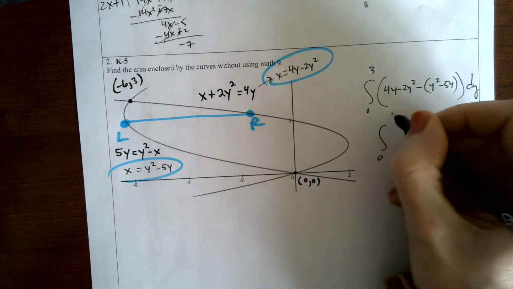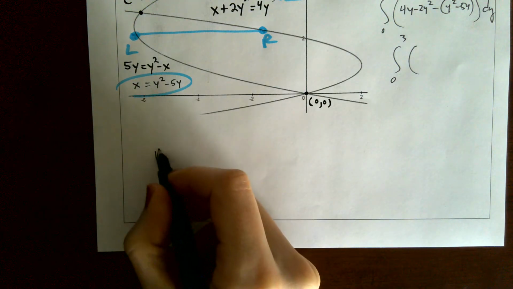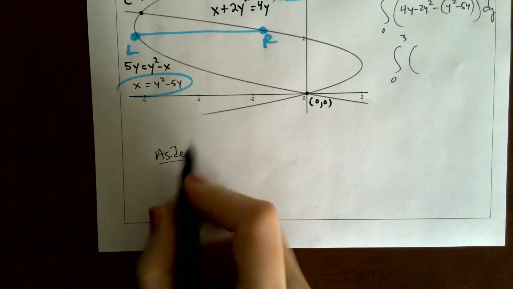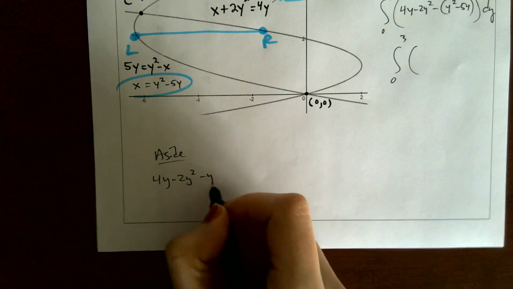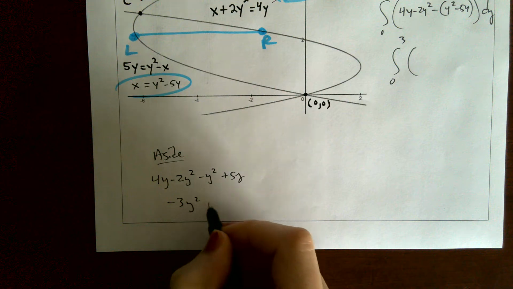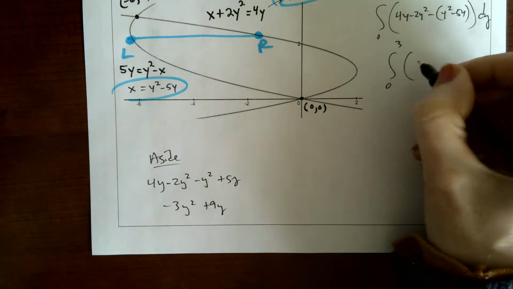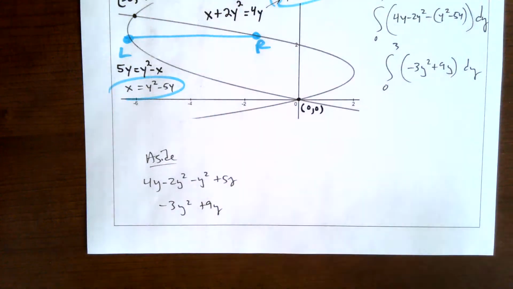Okay, now I'm going to simplify inside. I'll do a little aside. 4y, 2y squared. Right, negative 3y squared plus 9y.